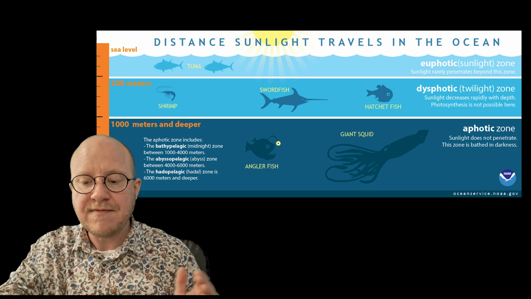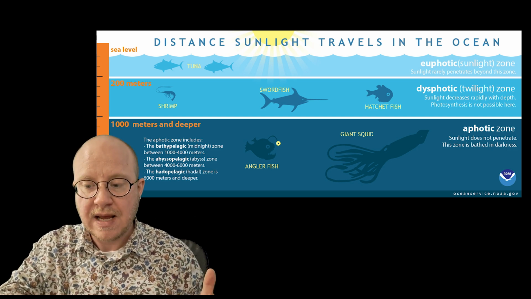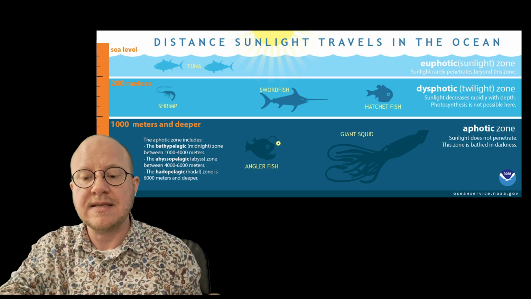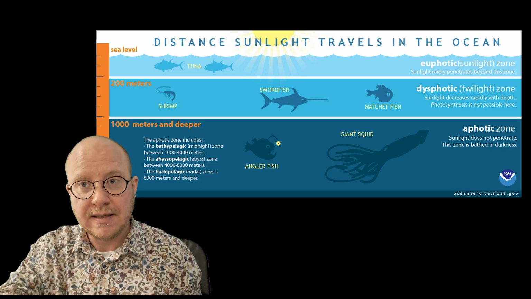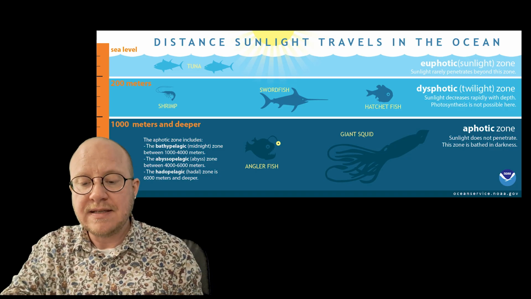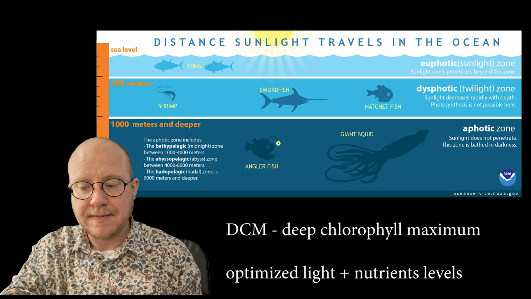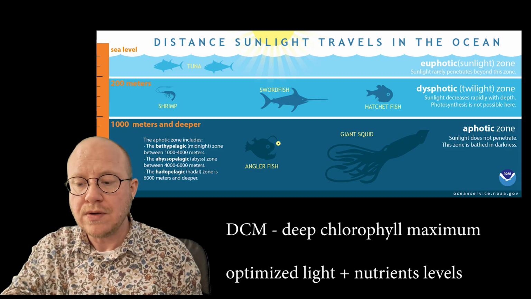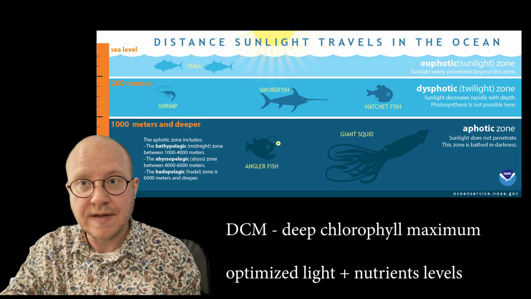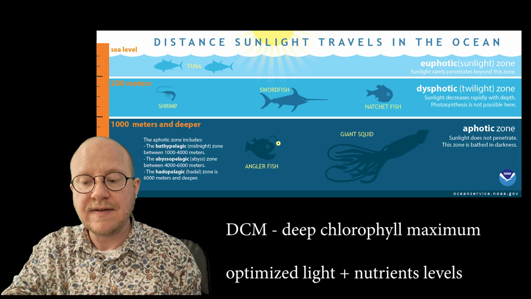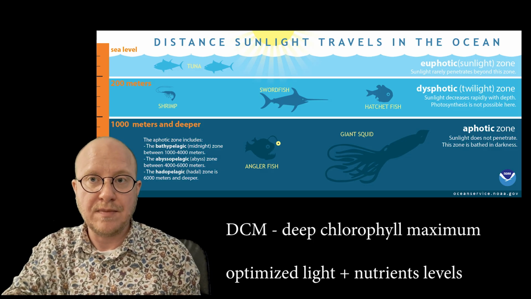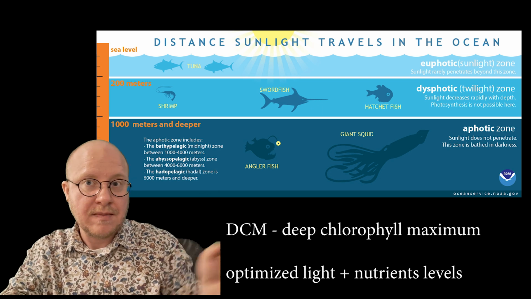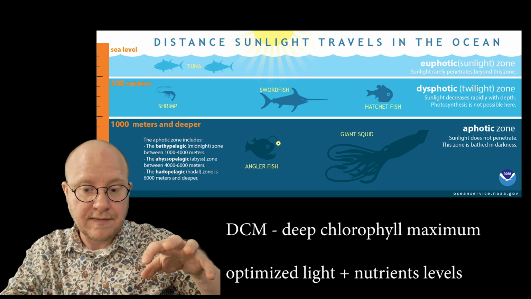This combined effect of light on photosynthesis and seawater density is critical for the success of ocean phytoplankton. The deep chlorophyll maximum, DCM, occurs where there is adequate light for photosynthesis and significant nutrient supply from below. Okay, so the nutrients are often coming from below, but the light is coming from above.